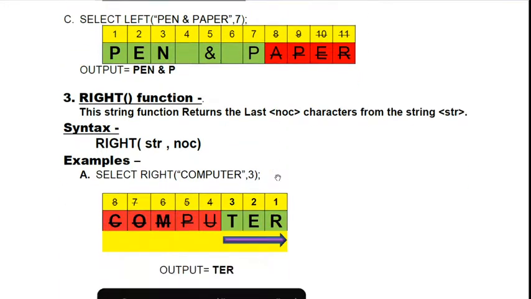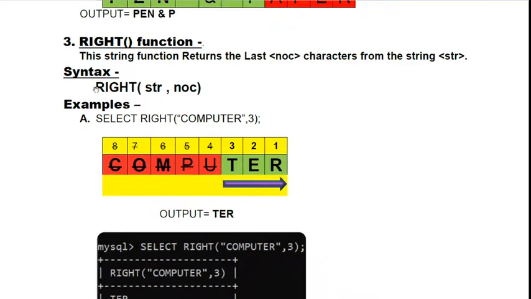Now the next function, right function. So it reads from the right hand side. This string function returns the last number of characters from the string. General syntax, right, string and number of characters. For example, select right computer comma 3. So from the right hand side, first of all it will count 1 2 3.